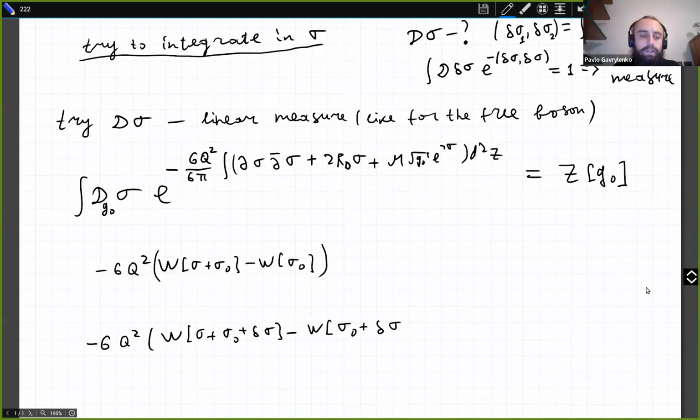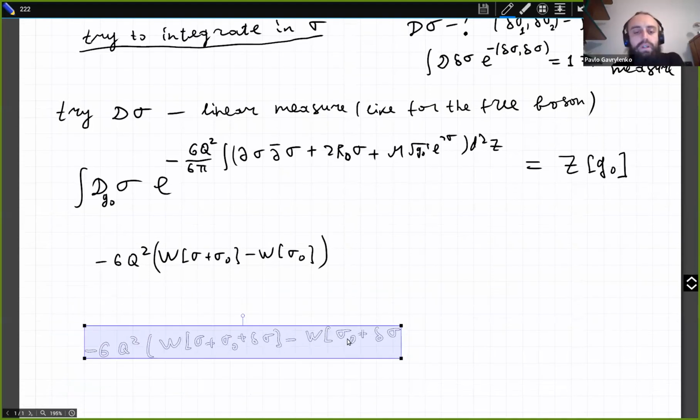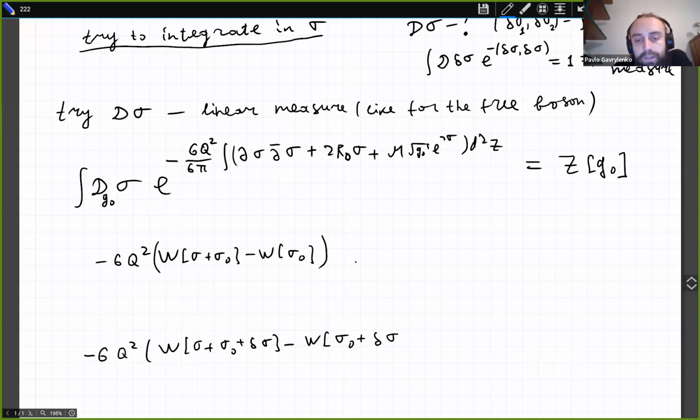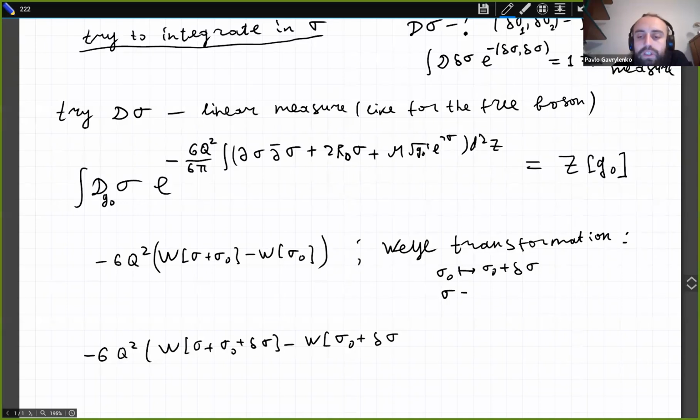So this Weyl transformation is, so we add some delta sigma to sigma zero and subtract it from sigma, so that this first term, which depends on sigma, does not change.